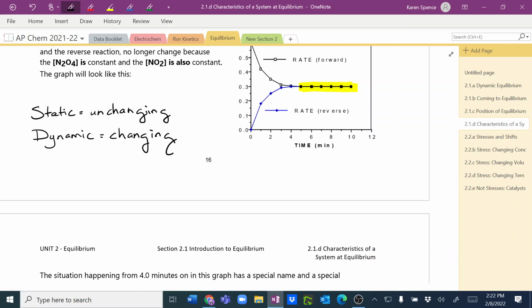So perhaps it would be helpful to know that static means unchanging and dynamic means changing. Yes? What is changing in the equilibrium? What is changing in that system?